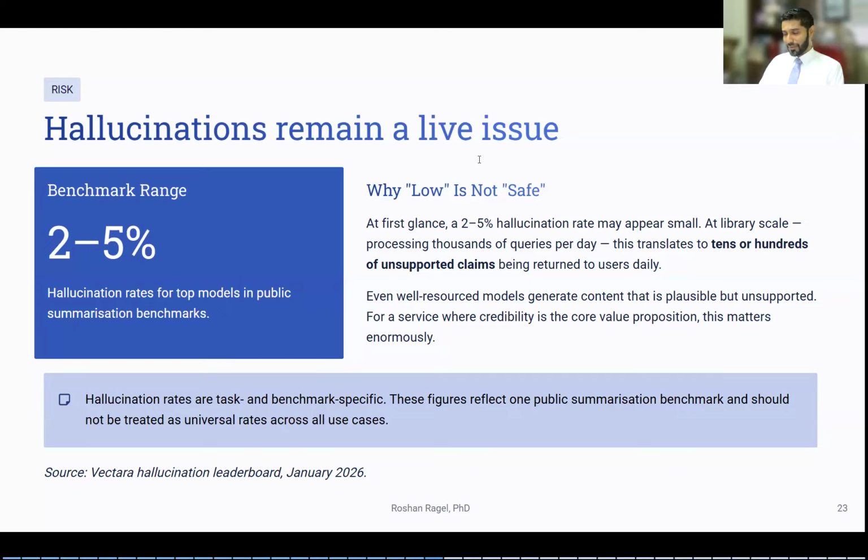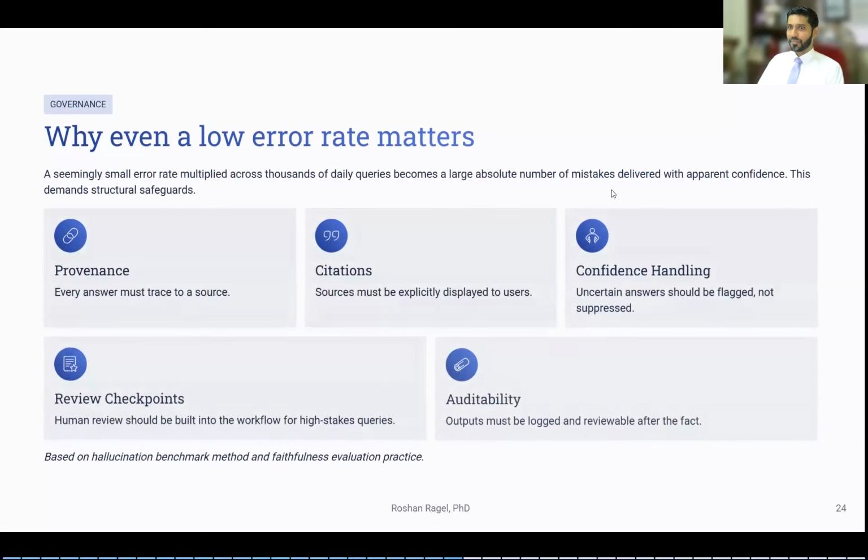So therefore we have to be careful. So low numbers doesn't mean it's safe. We still have to verify. We still have to find how to avoid this, right? So low error still means not so good, because we should be able to find the source if we have errors in the erroneous items. So we should provide an error-free environment where the answer should be traced back to source.